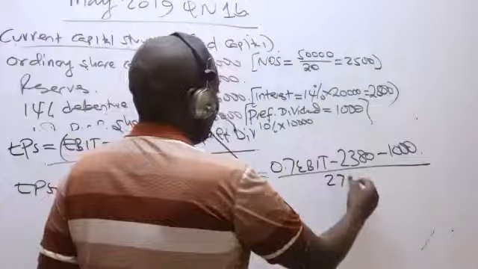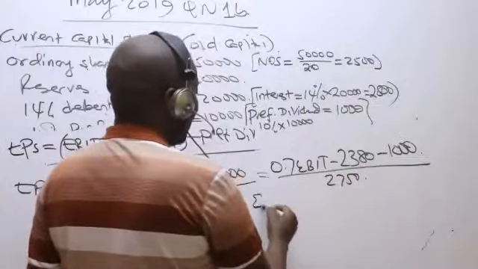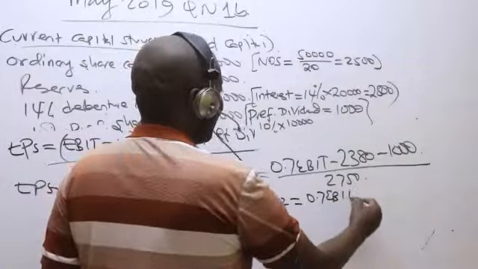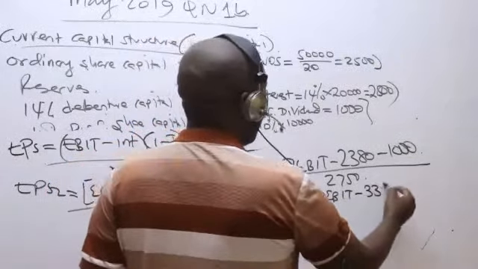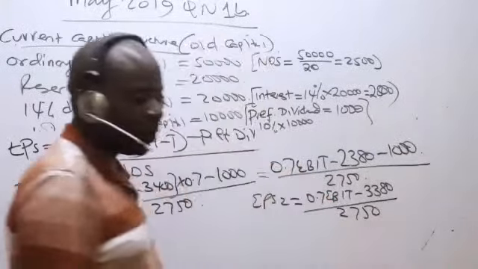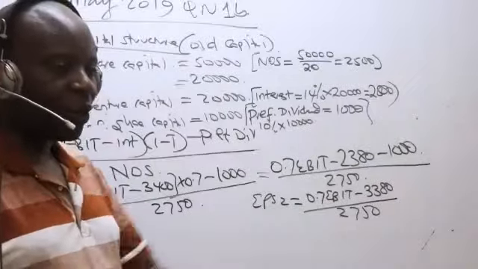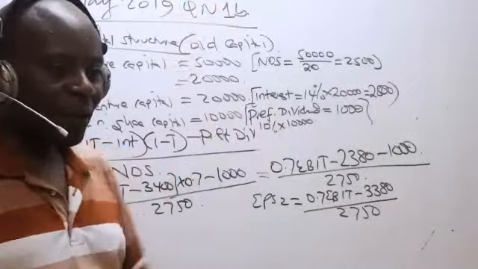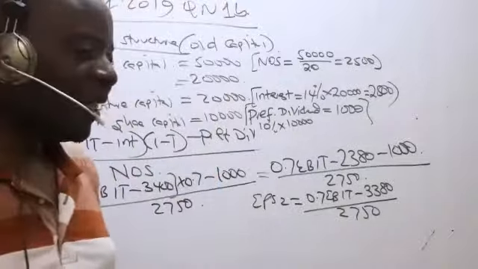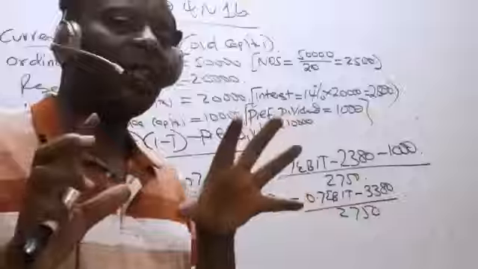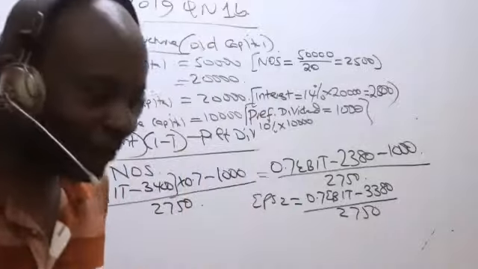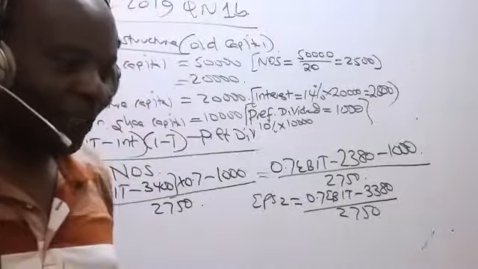So our EPS2 will be 0.7 EBIT minus 3,380, all over 2,750. Are we correct up to here? So what do you think will be the next thing to be done? Hey, you bright students, what do you think is the next step?